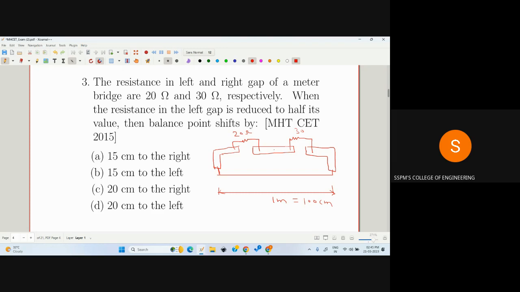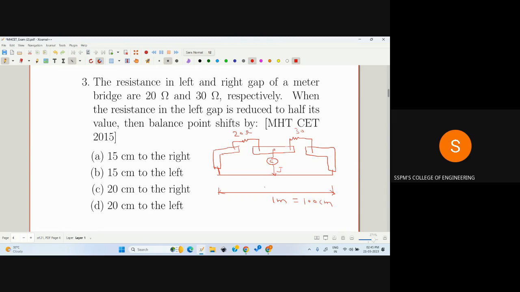And one galvanometer is connected with the help of a jockey to the wire. If the meter bridge is balanced, there is no current here.